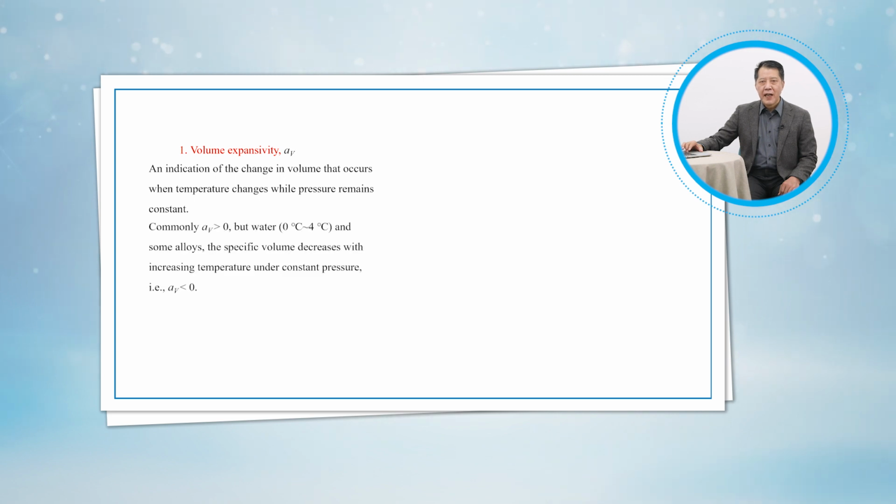Commonly, we have positive values for the volume expansivity, but for water and some alloys, the specific volume decreases with increasing temperature under constant pressure, that is, the negative volume expansivity. For ideal gas, the volume expansivity is 1 over T.